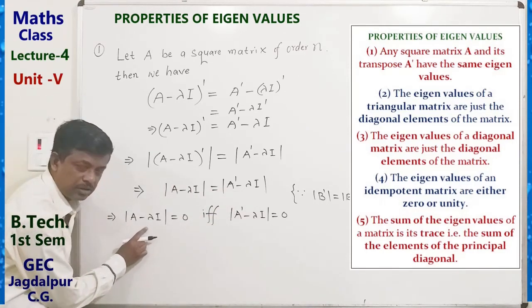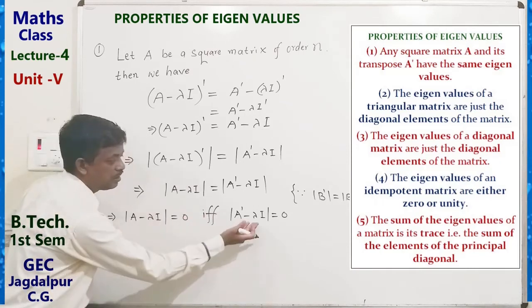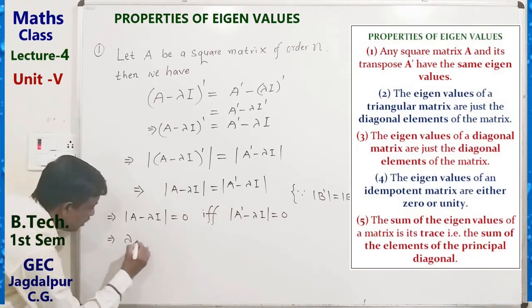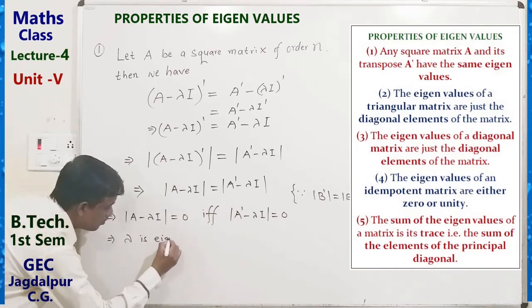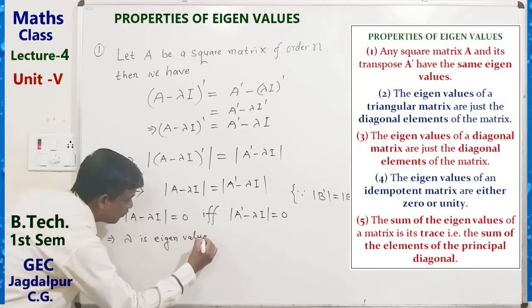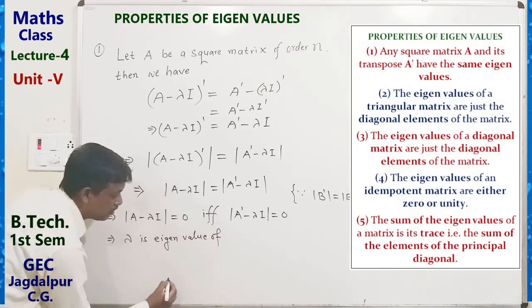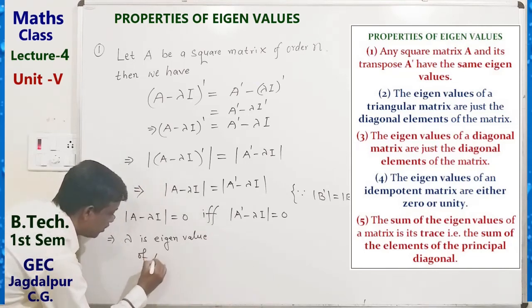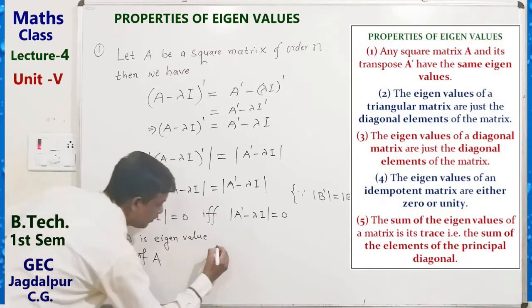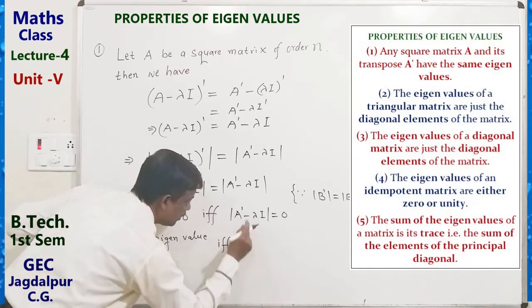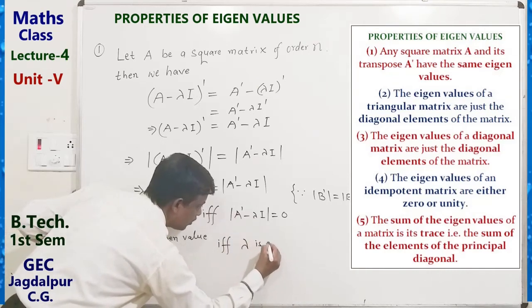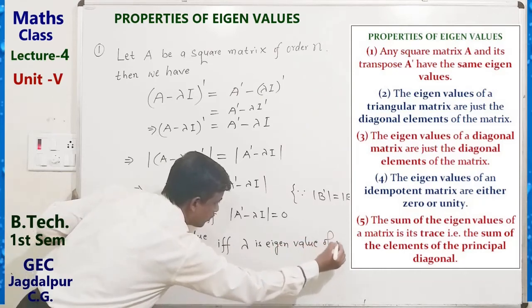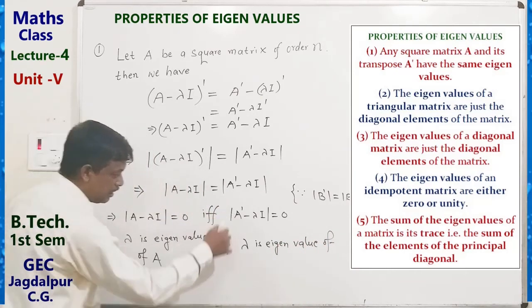So lambda is an eigenvalue of A if and only if lambda is an eigenvalue of A dash.